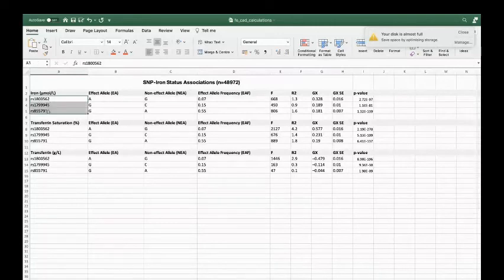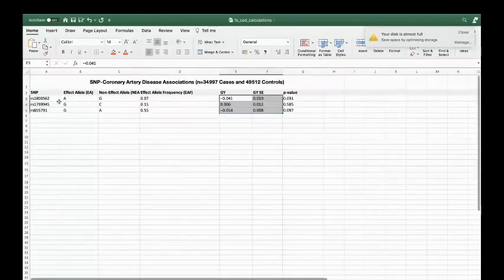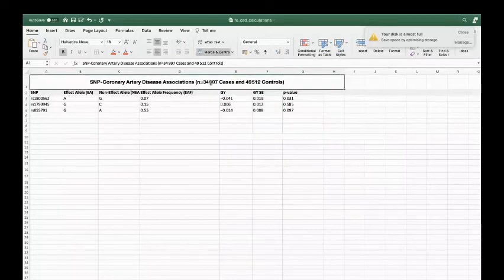Okay, then we have these SNPs again. Remember, these are the codes for the SNPs. We have these SNPs again, but we're looking at the outcome data. So this was from a genome-wide association study, I think CARDIoGRAM it was taken from, and that had 34,997 cases and 49,512 controls.